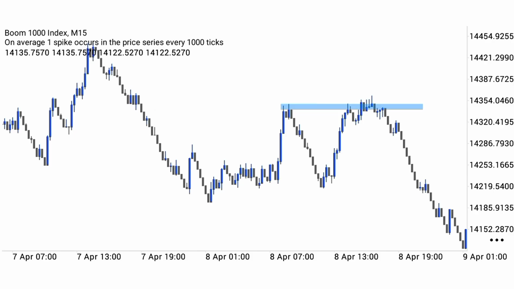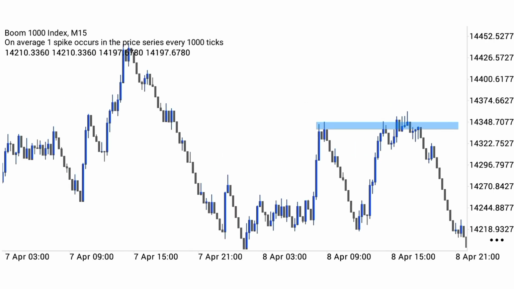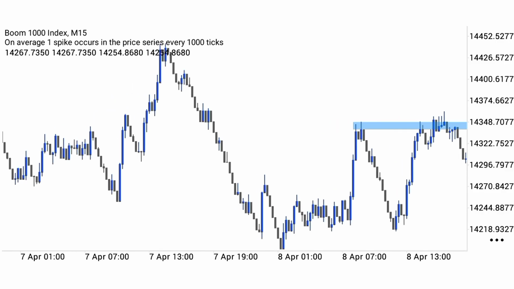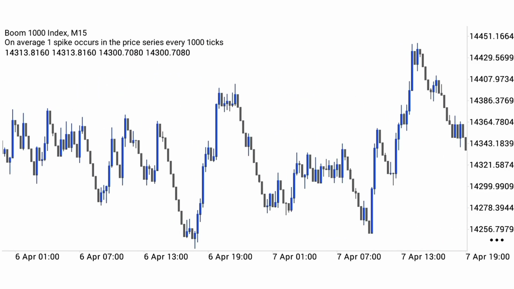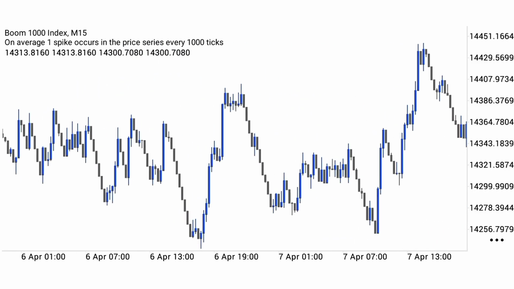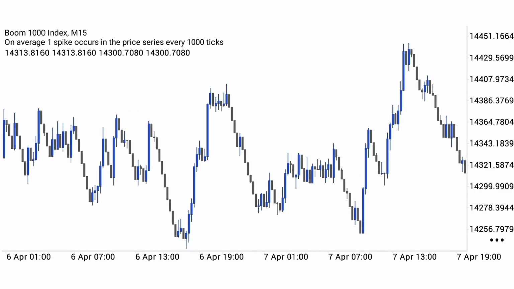Now, what is the reason? Why are some people doing it? Why are some not doing it? It's just because of the nature of the market. So boom and crash sometimes is like forex currency pairs, where you have the news, trading the news. When you are trading the news, you expect long spikes in the market, and those long spikes can actually change your life for real.